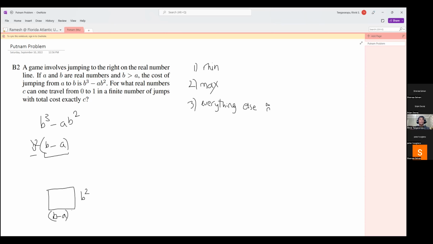What if we keep making finite moves, which means that we only go a little bit and a little bit and a little bit, but we still end up reaching 1. This base is going to get smaller and smaller, but the height still maintains the same because B is not changing. B is just relatively close to A, but again, relatively close.